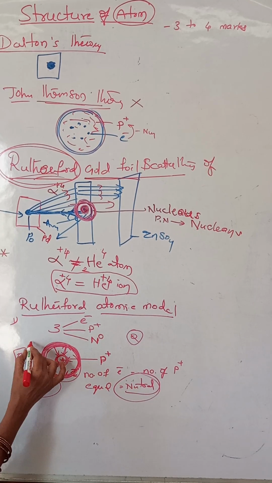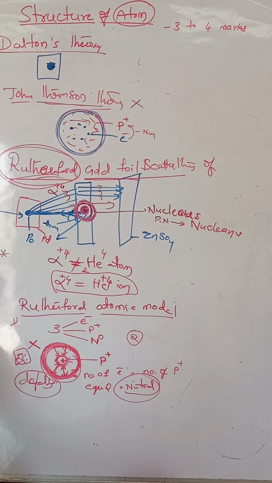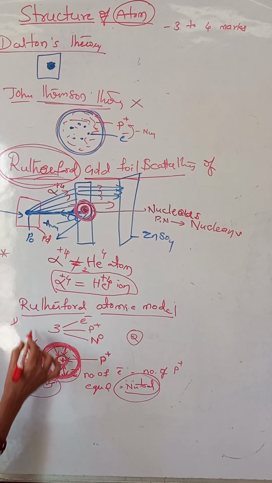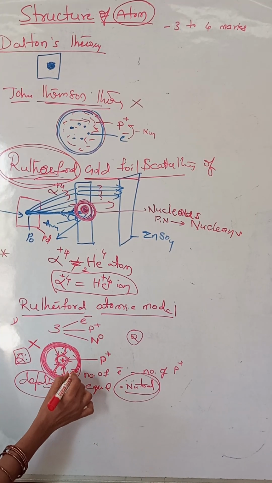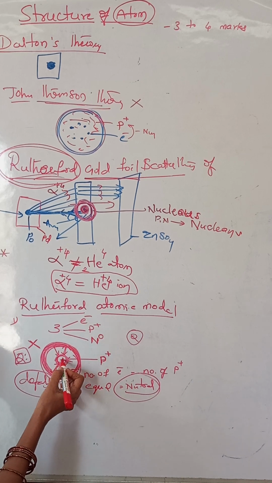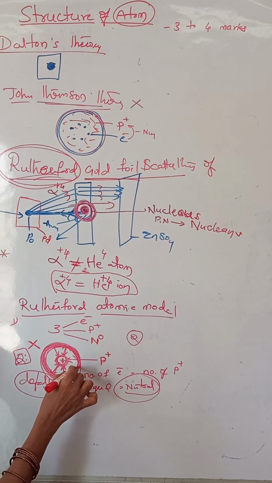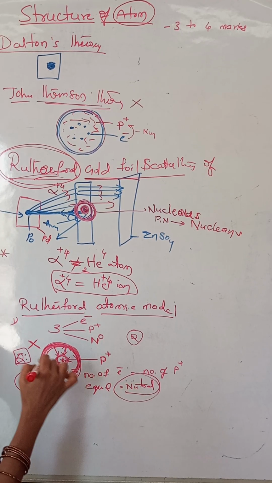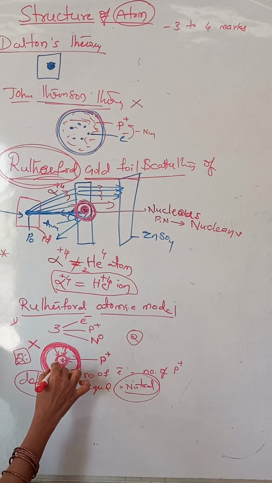That means this is the wrong part of Rutherford's theory. Electrons lose energy every time, then they are attracted by the nucleus.